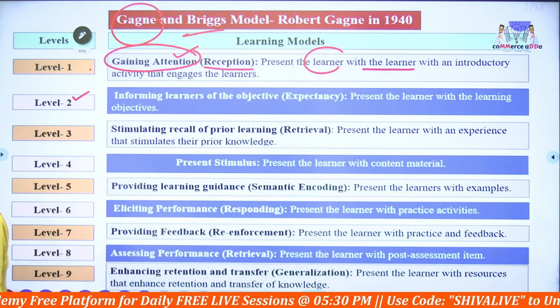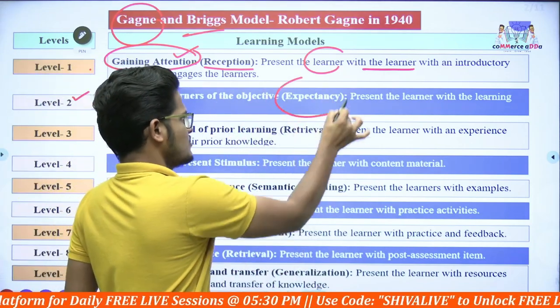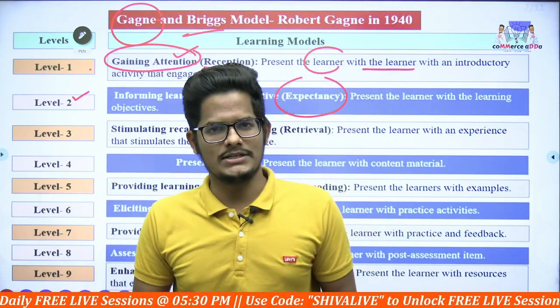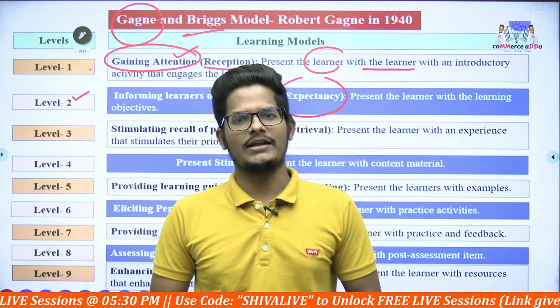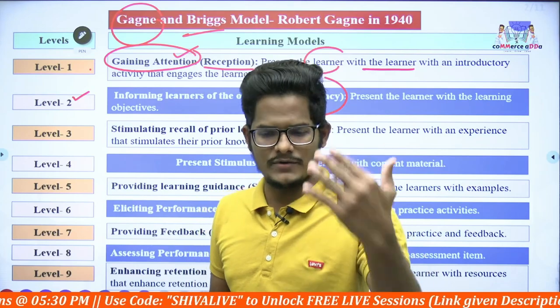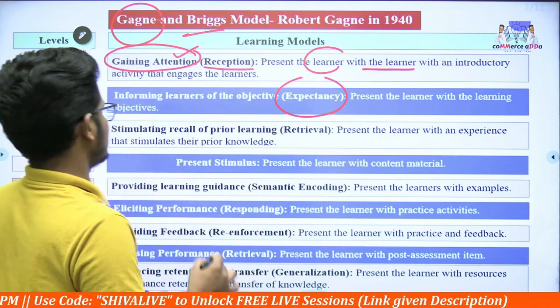The second level is informing the learners of the objective, which is expectancy. Before starting the video, I told you today we are going to learn the 9 levels of a learning model given by Robert Gagne. That means I clearly indicated what you can expect from this video.